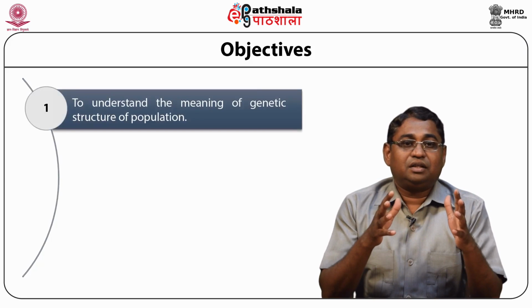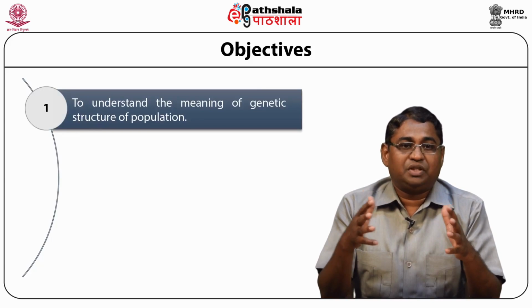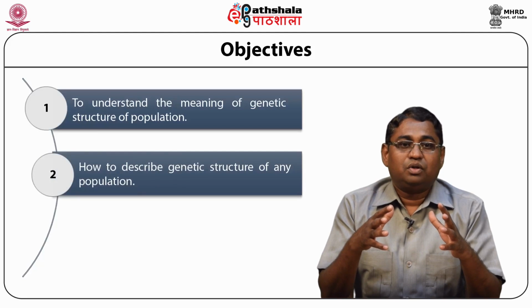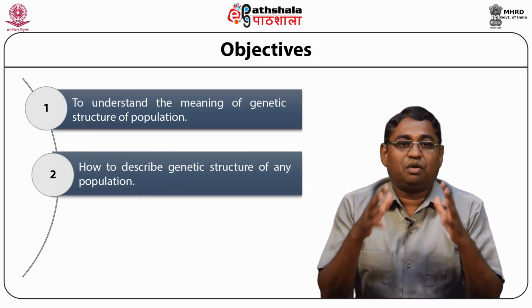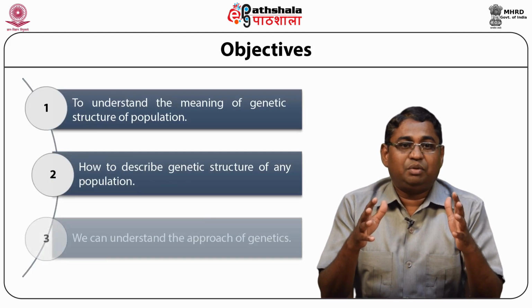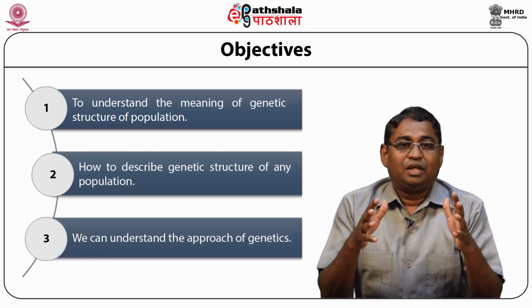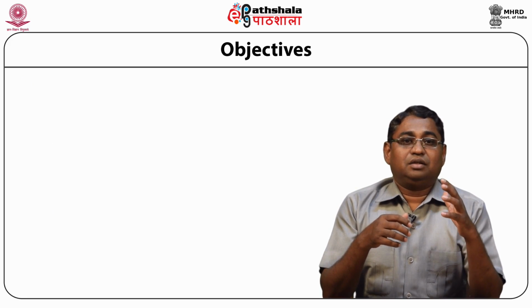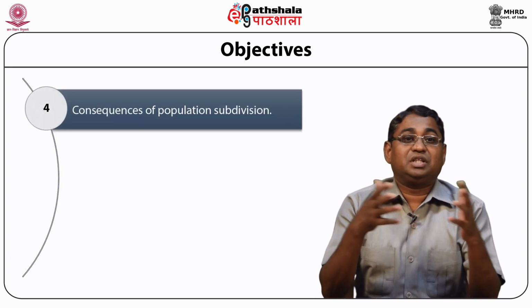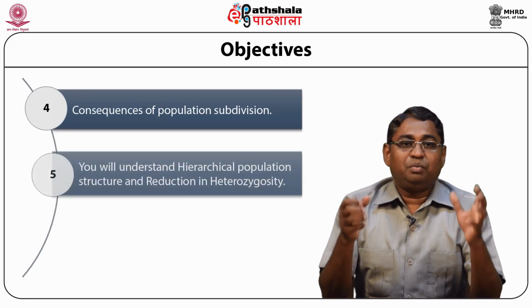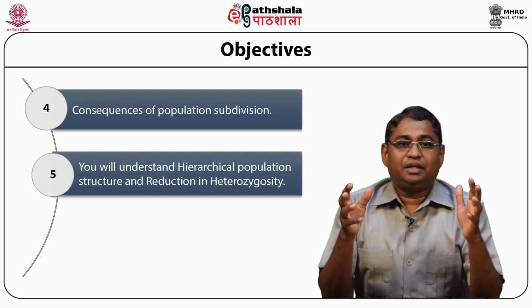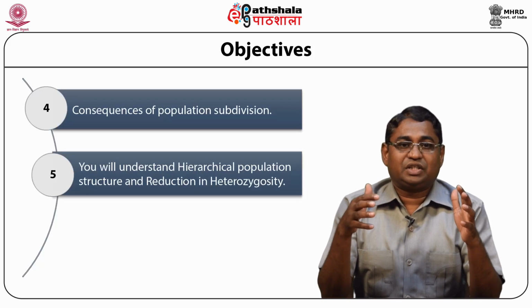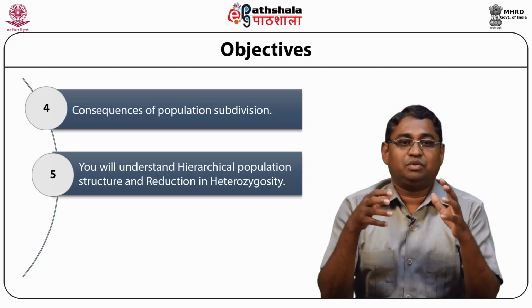First we will understand the meaning of genetic structure of population, then how to describe the genetic structure of any population, then we will also understand the approach of genetics, then consequences of population division. You will also understand hierarchical population structure and reduction in heterozygosity.